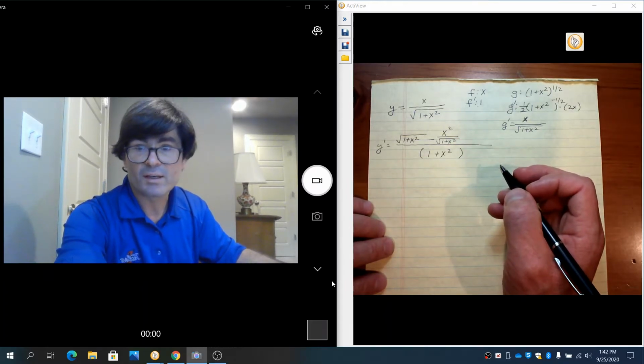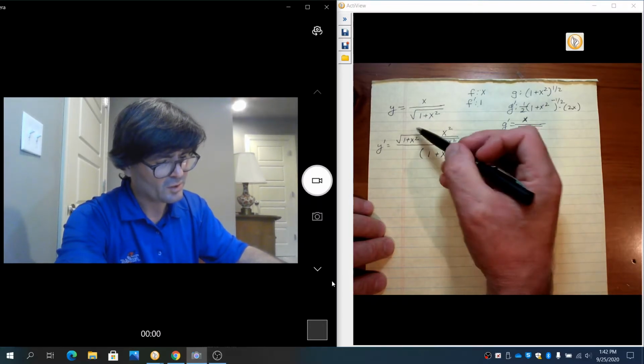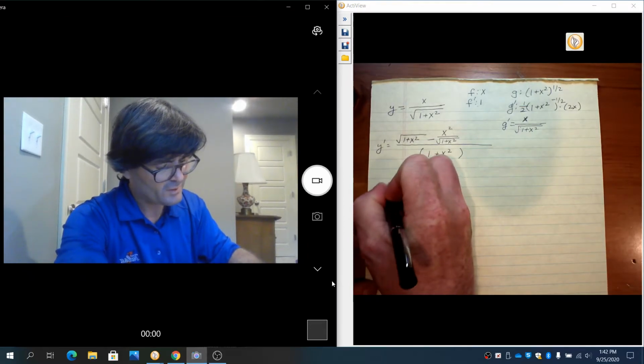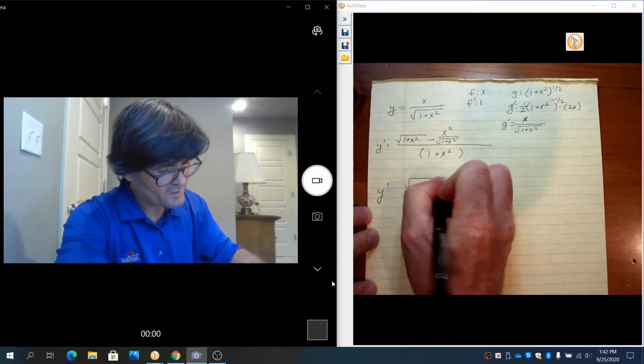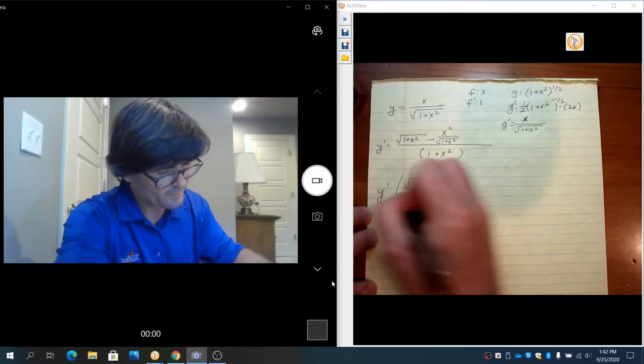If you were to look at a problem like this in the back of the book, they might actually multiply every single term by root 1 plus x squared. Let's just do that for laughs. This is just algebra, it's not calculus anymore, but it's something that still confuses people.